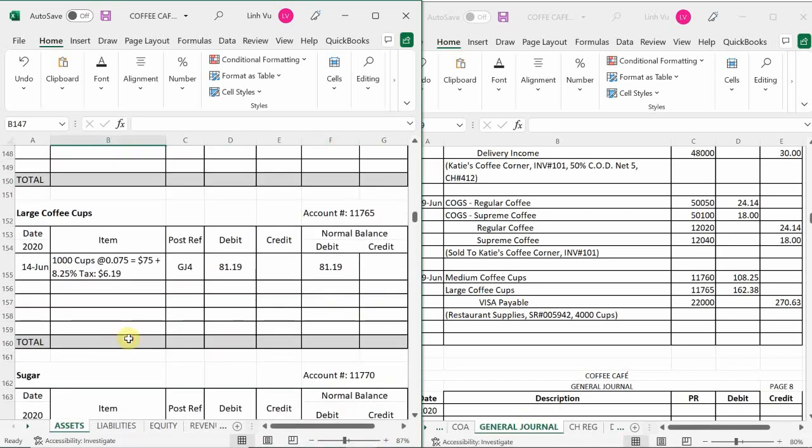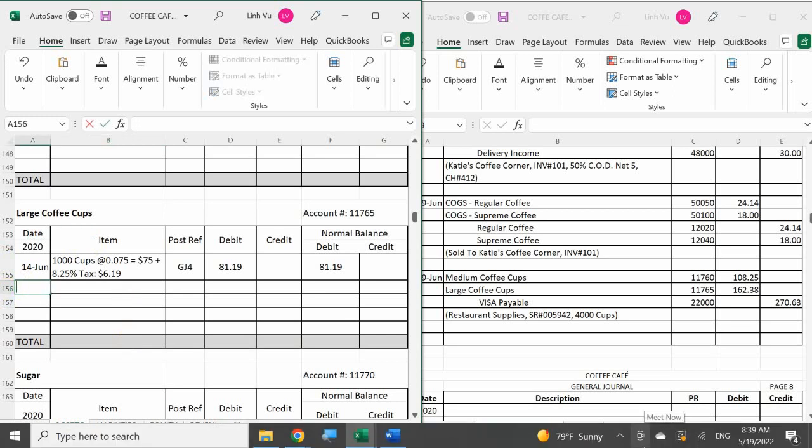And then I need to also update my large cups because I too also bought more. I bought 2,000 cups at 0.075 cents each, which gave me a total of 150, right?